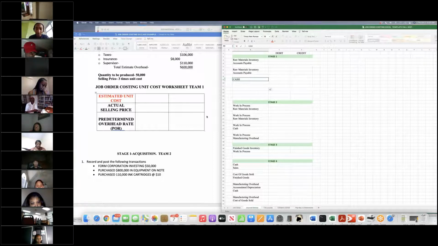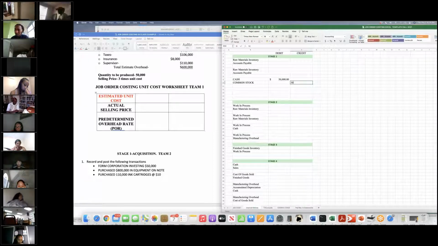Form the corporation. When you start a company, you've got to put some money in the bank. These are just general ones that we make from Principles 1. So 50,000.